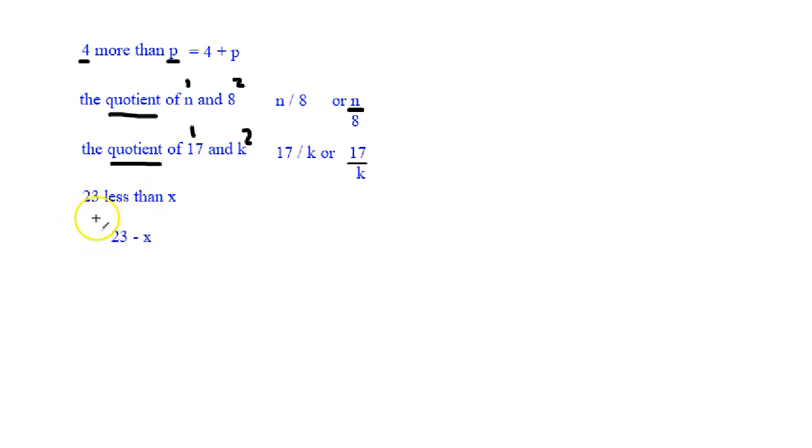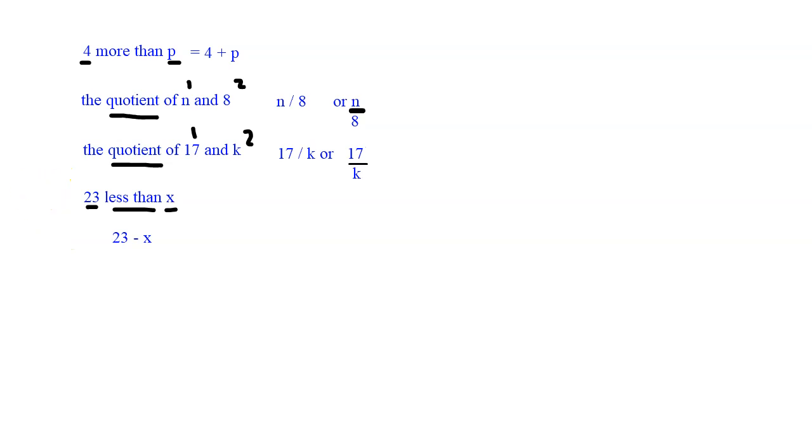You associate 23 is our known quantity, x is our unknown, and this less than is usually subtraction. And usually you would be right, except now that we know x is a placeholder, if we put a number in its place, it will make sense why this is incorrect.